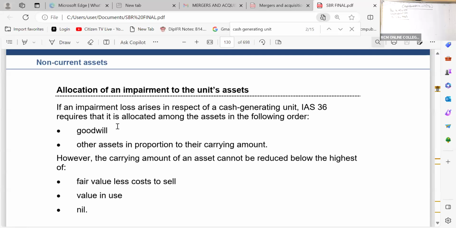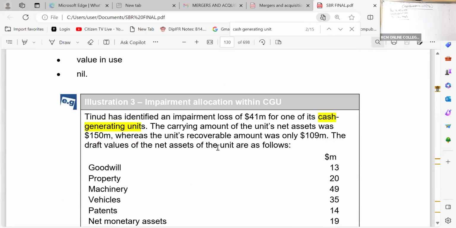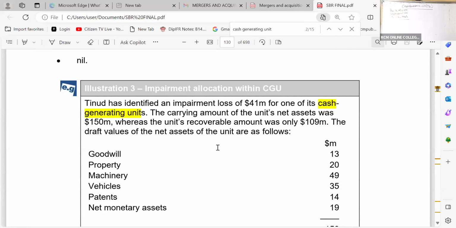We have goodwill, then other assets in proportion to their carrying amount. Take note first that this impairment loss will be allocated to goodwill and other assets in proportion to their carrying amounts. Don't worry about specific assets. Let's do this example, impairment allocation within the CGU.